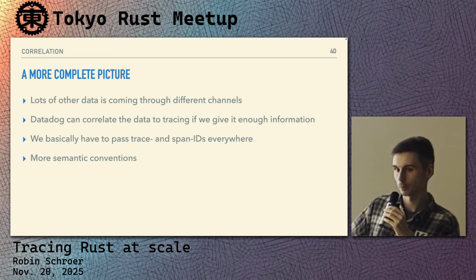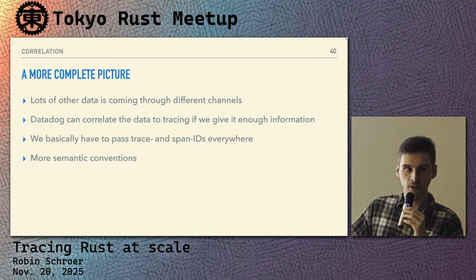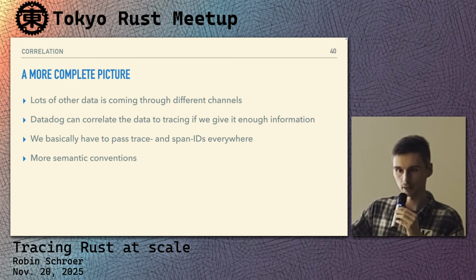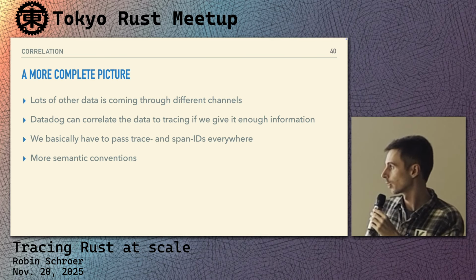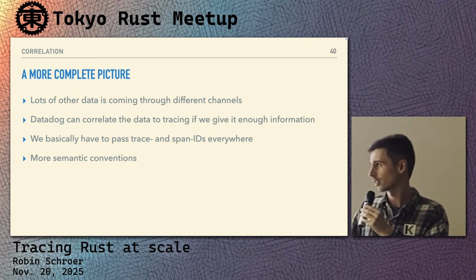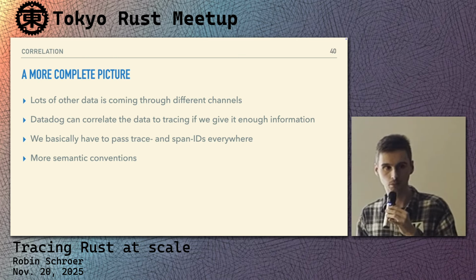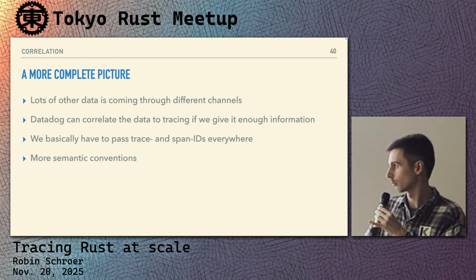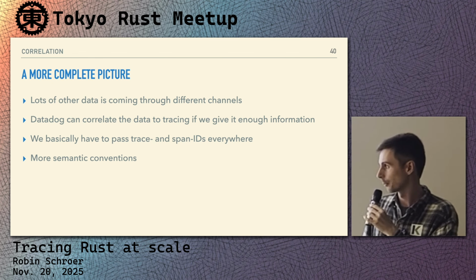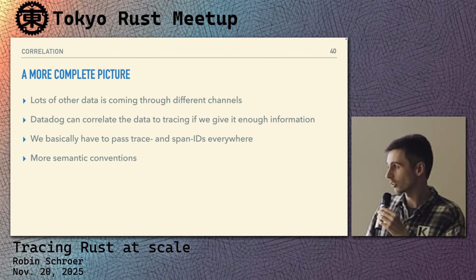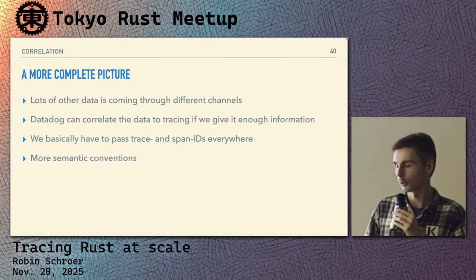So we've seen, for example, the error had info from GitHub, namely the source code links, but we still have that in our tracing info. And the solution for that is basically we have to pass trace and span IDs everywhere, so that whatever else we emit, we can then link back to that. Well, that means more semantic conventions of where we put those IDs and how.